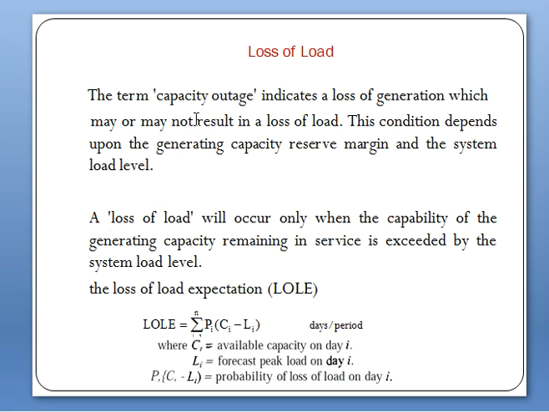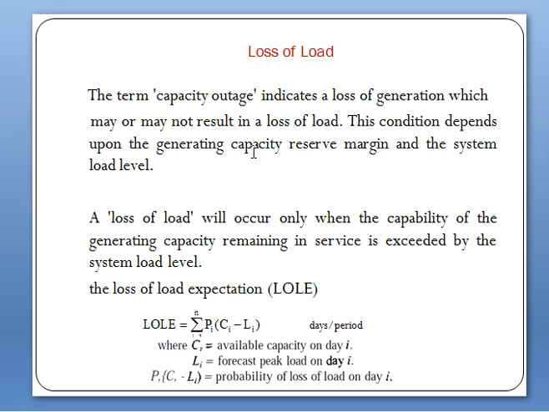Loss of load. The term capacity outage indicates a loss of generation which may or may not result in a loss of load. This condition depends on the generating capacity reserve margin and the system load level. तो लॉस ऑफ लोड की कंडीशन है वो किस चीज़ पर डिपेंड करती है?